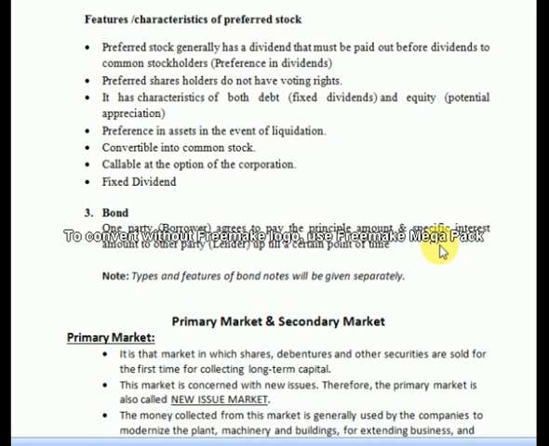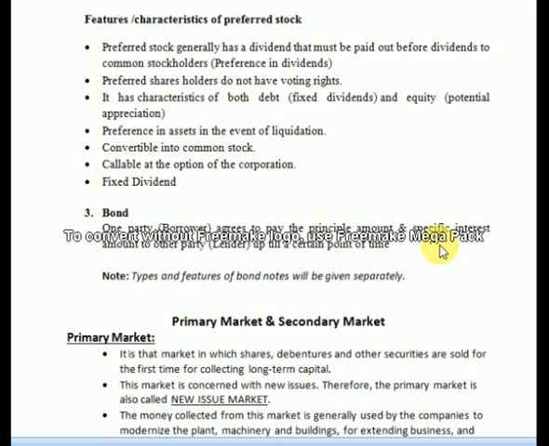Similarly, the bond return rate is also fixed, so this property is of debt instruments. But look, when the company earns profits, they declare the dividends. Until and unless the company declares the dividends and earns profit, preferred shareholders don't claim the dividends. So this is also the property of the common stock.